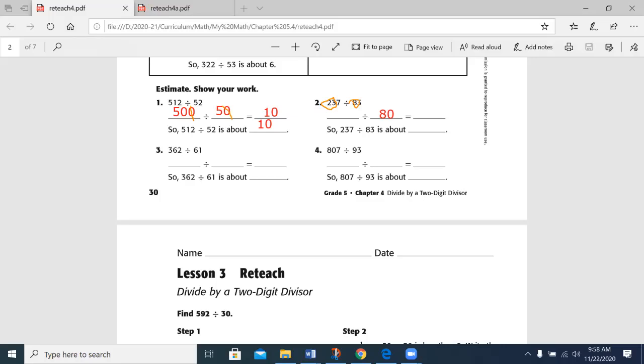And my multiples of 8: 8, 16, 24. Ooh, 24. I'm going to put 24. And it's a 3-digit dividend, so I have to make sure I keep 3 digits by putting a 0 there. 240 divided by 80. And if you remember our trick to cross out a 0 on each side, but you can only do that with the same number of zeros on each side. And I have 24 divided by 8, which is 3. So 237 divided by 83 is about 3.